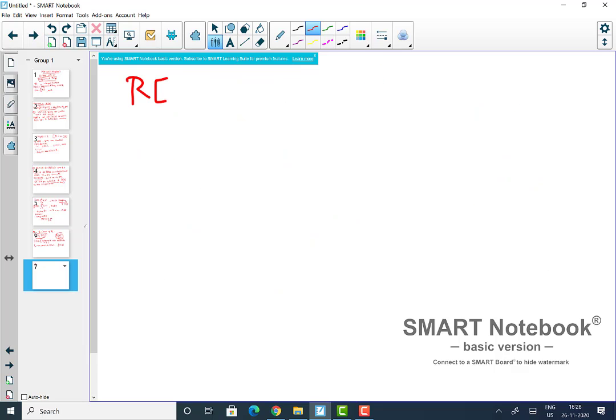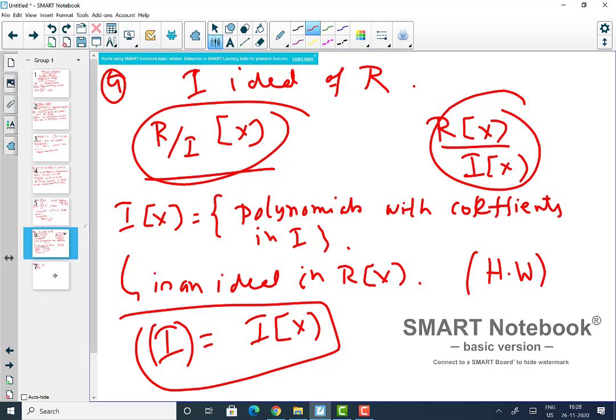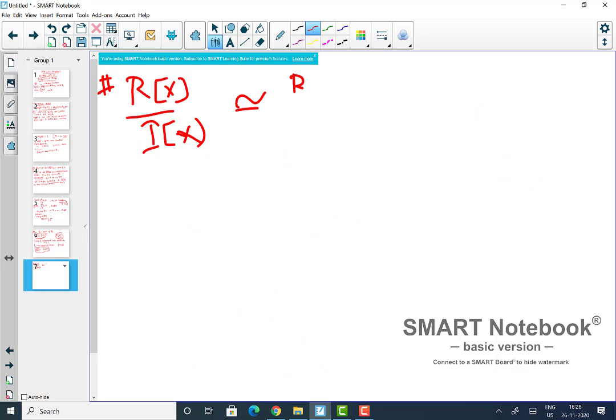So the theorem is that R[x] mod I[x] is isomorphic to R mod I, then [x]. Some people also write this as the ideal generated by I. This is also notation that sometimes people use. The proof is also not so difficult. We will use the first isomorphism theorem of rings.